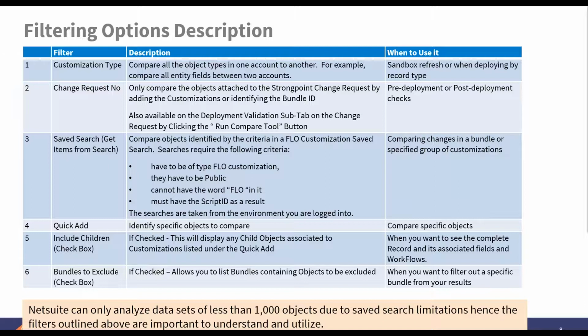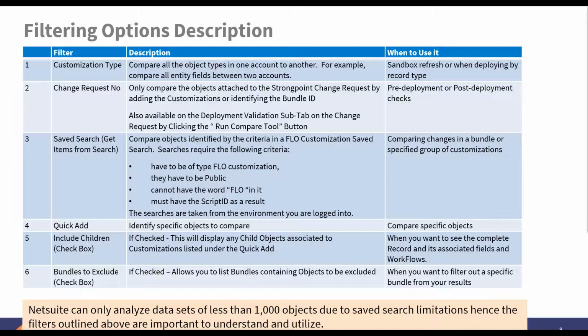And whenever you try to run a comparison on the entire account, you do hit that limitation, and any information that comes after that 1,000 will essentially be truncated. So we've provided multiple filtering options to help you limit the number of results from any one comparison.